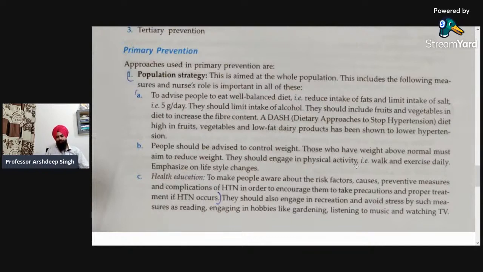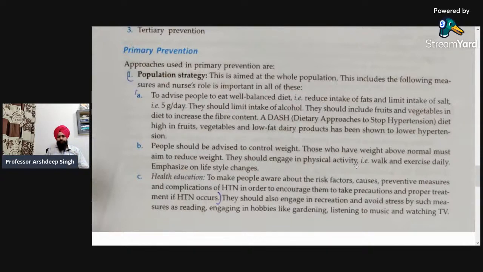Okay, so that is reduce intake of fats and limit intake of salt, that is 5 gram per day. So we have to cut short our diet accordingly, and limit intake of alcohol. We also have to manage the use of alcohol and avoid cigarette smoking, and include fruits and vegetables in the diet to increase the fiber content, and that will lead to prevention from hypertension.